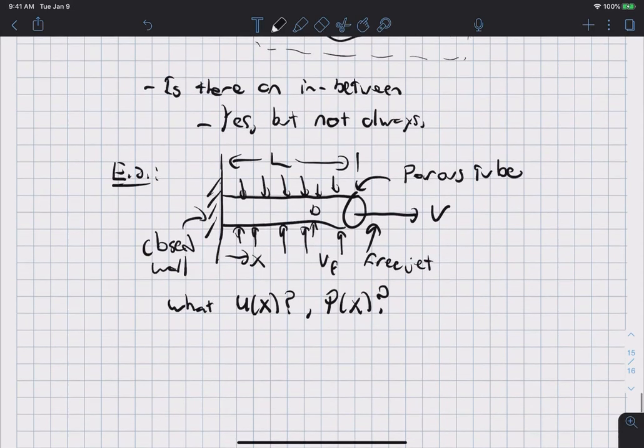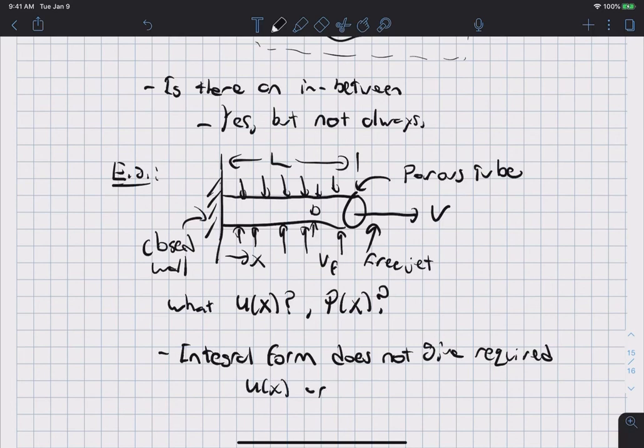This is a scenario where the integral form does not give the required u of x or p of x.